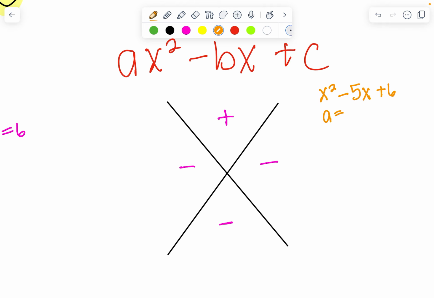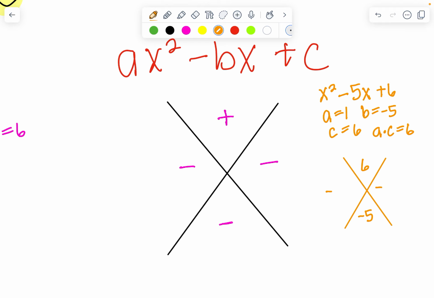So in this case, A is 1, B is negative 5, C is 6. So A times C is 6. So we'll have a positive 6 on the top, but a negative 5 on the bottom, which means both answers are going to be negative.